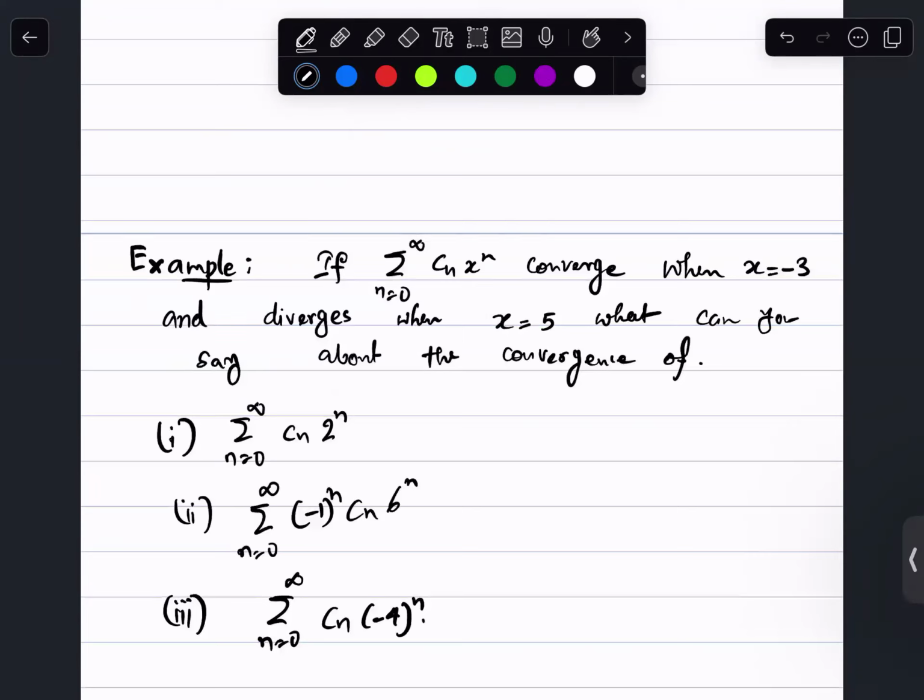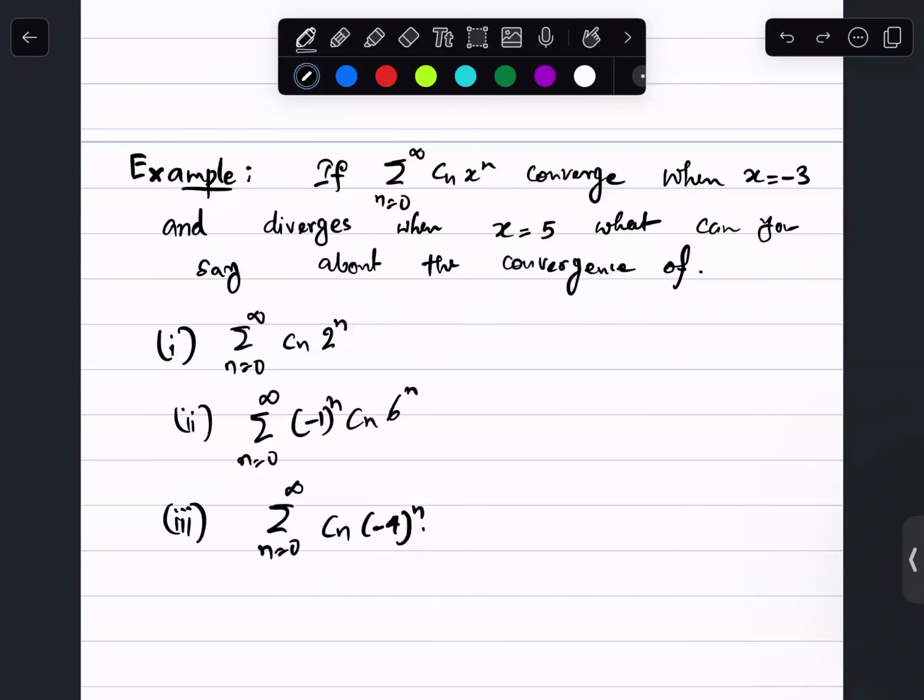Okay, for the next type of examples, the question is asking: if I have a series summation c_n x^n, I don't know what c_n is here, but the information given to us is that the series converges when x equals -3 and diverges when x equals 5. What can I say about the convergence of the following series, where explicit x values are given?